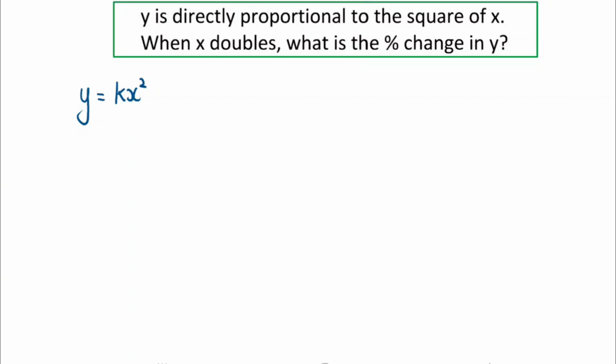Okay, next let me try to define some variables to make answering this question a bit easier. So first we have x1, which is our original value of x, and y1, which is the original value of y.